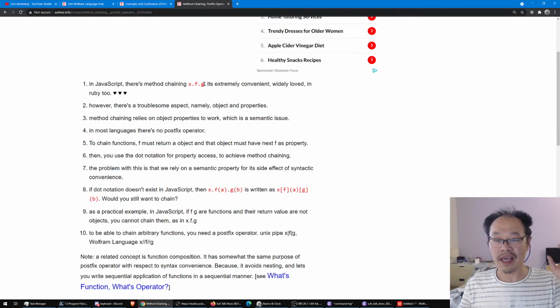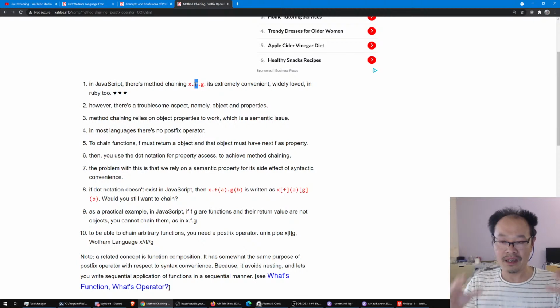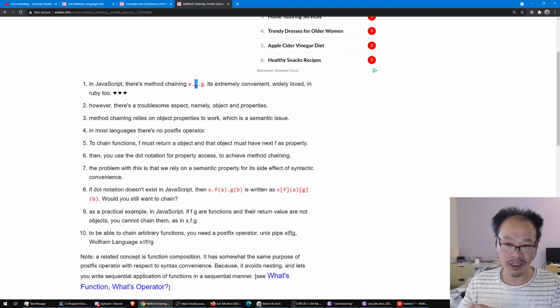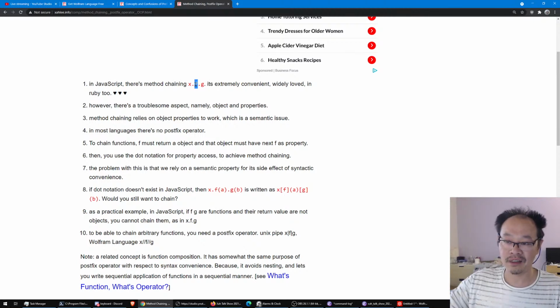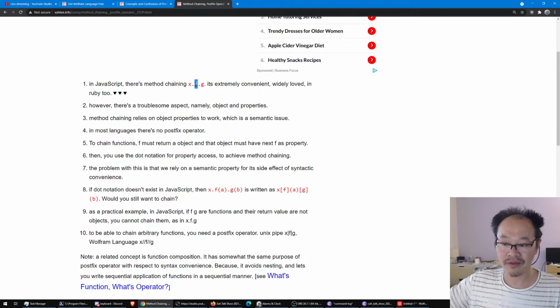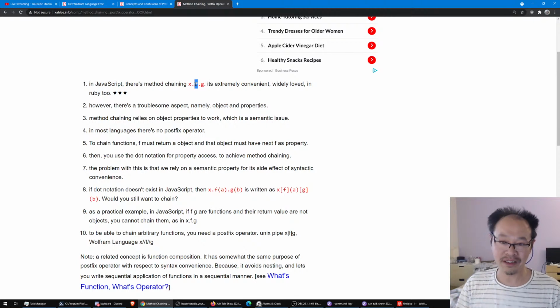The x must return an object that contains a method called f. Then you can do x.f, and if that returns an object that contains a method g, then you can do .g. If it doesn't return an object or doesn't contain the next method, you cannot dot; it's going to be an error. So it's not exactly a postfix notation, but from a notational point of view, it looks like one.